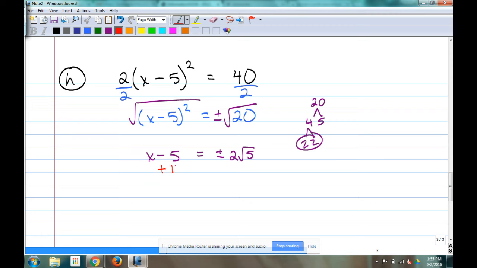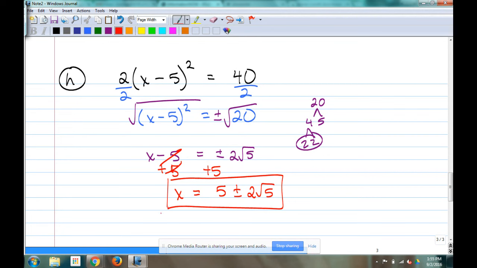Yeah, they're subtracting, so I'm going to do the opposite and add 5. What I have to keep in mind is that 5 right here is not a like term to this because this is a 2 radical 5. You can't add a plain number plus that and get the exact answer. You can add them as decimals and get a decimal, but we want the exact answer here. So it's going to be 5 plus or minus 2 radical 5.